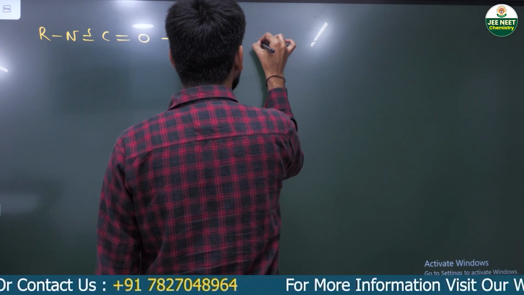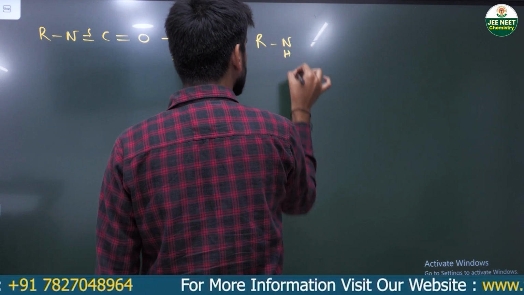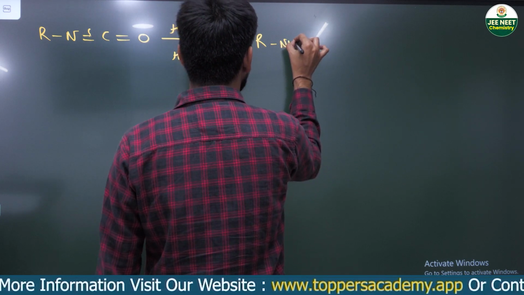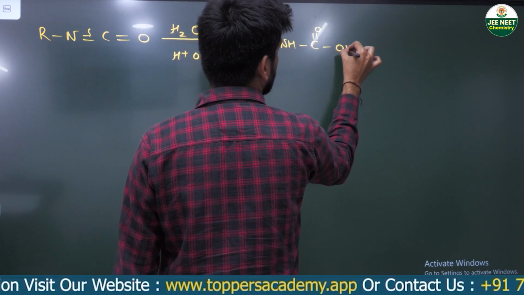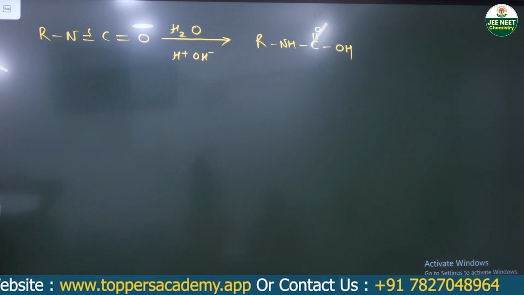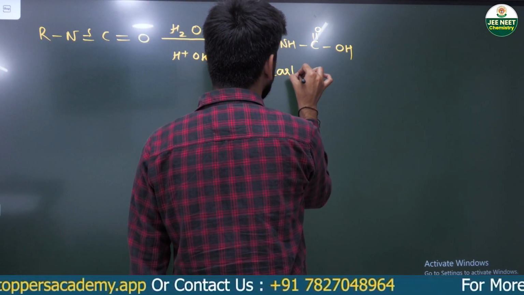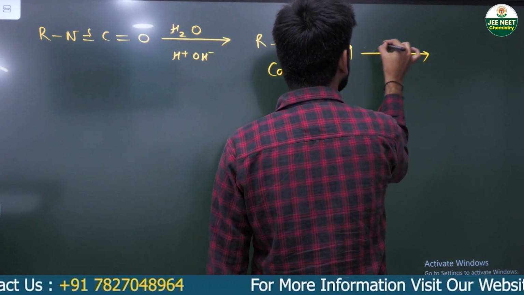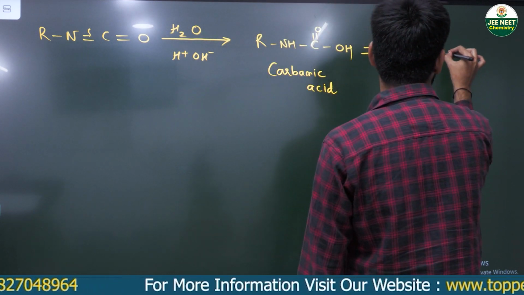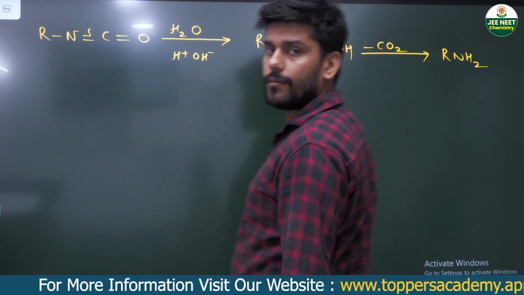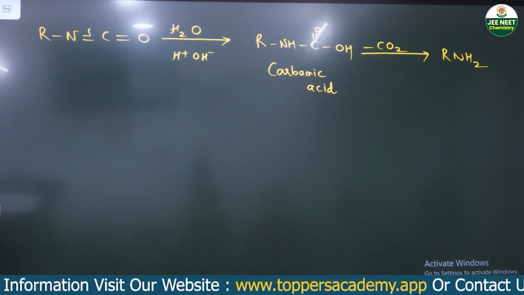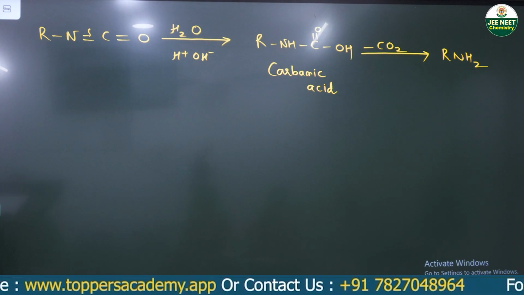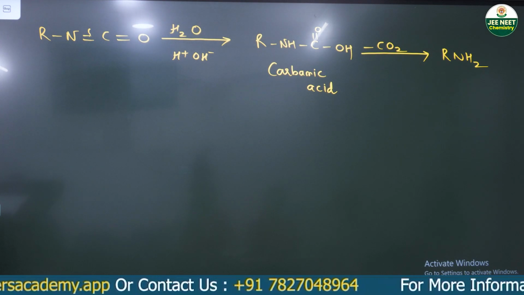So we can have R and H, and this is C double bond O, OH. So OH with this and H with this. This is your carbamic acid. In the last step, decarboxylation, and you will get RNH2. Simple. Tell me if this point is clear. Is that clear to everyone?